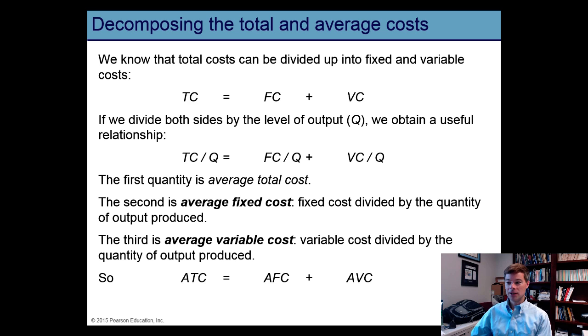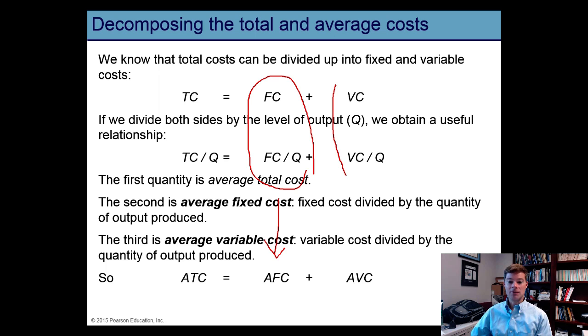Now if we let output be a variable referred to as Q, then we would be able to divide variable costs and fixed costs by quantity in order to get average fixed costs and average variable costs. These averages are going to be on a per unit of output basis. For example, if you divide fixed costs by quantity, you get average fixed costs.